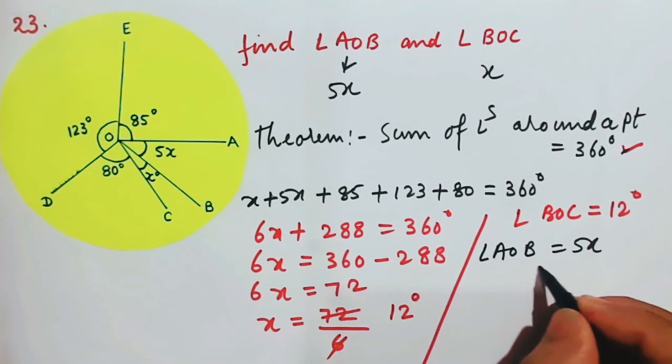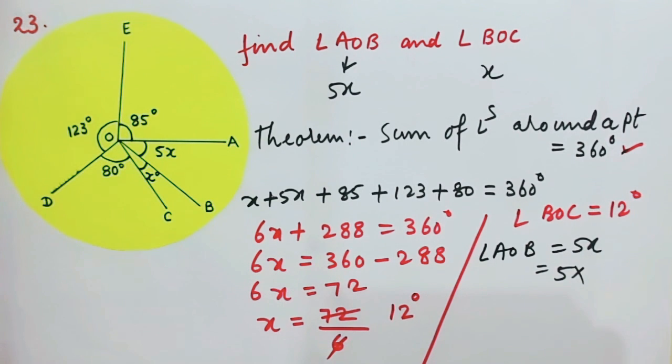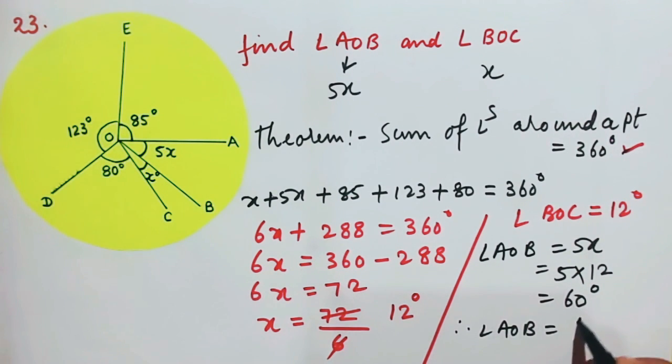And you know the value of x, 5 multiplied by 12 is equal to how much? 60 degree. Therefore, angle AOB is equal to 60 degree.